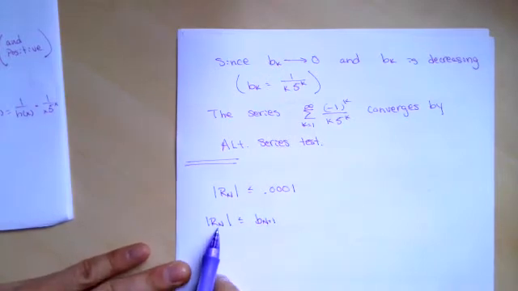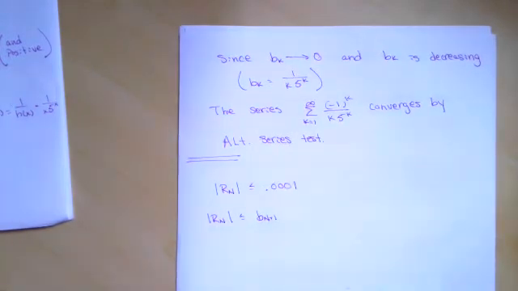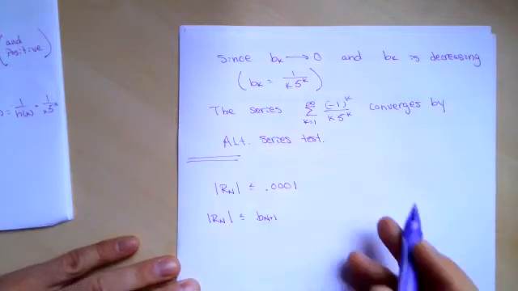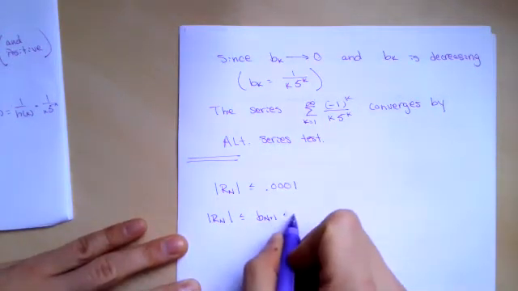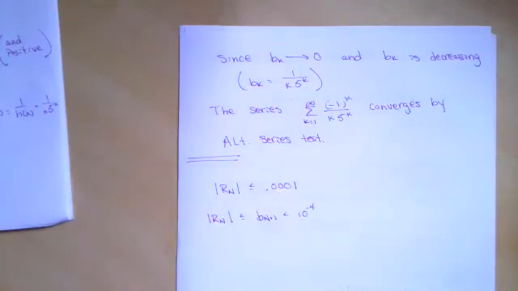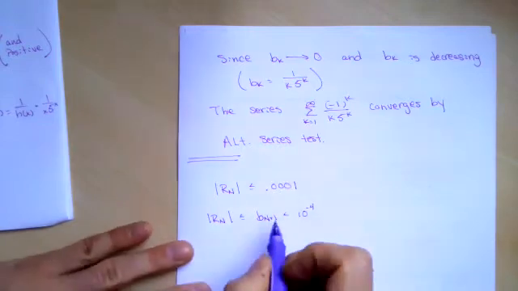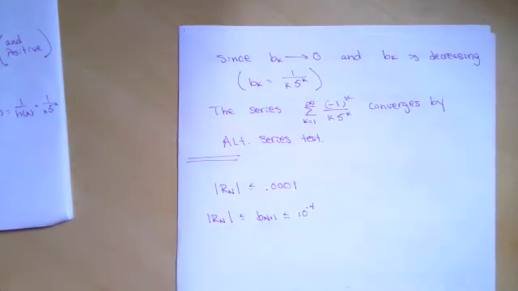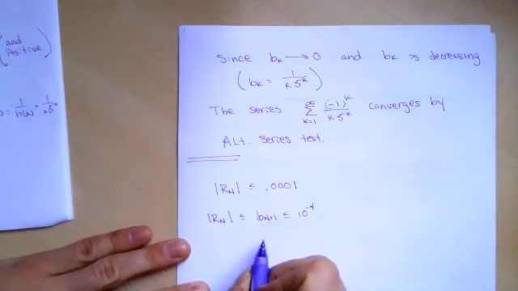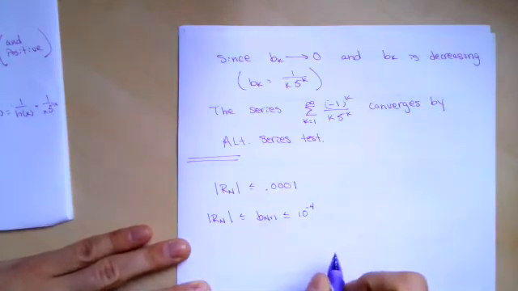So the remainder from the nth partial sum is going to be less than the next term. And if I take this next term and set it less than, I'm going to rewrite this as 10 to the minus 4. We can solve for n, how many terms we need. And in this case, we will probably need a calculator to find the actual n.